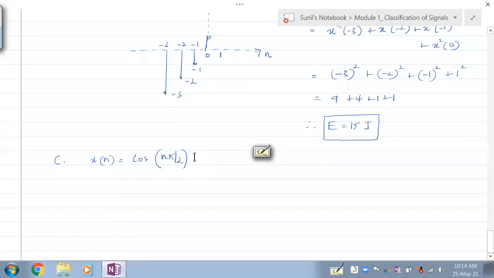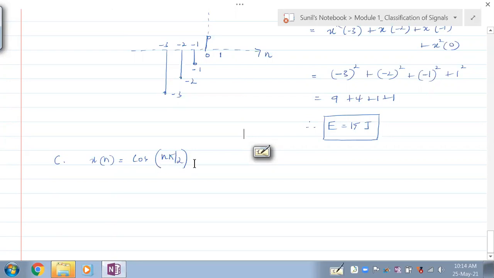If the range is not given, it means this is an infinite length signal, which ranges from minus infinity to plus infinity. For simplicity, let's take it from 0 to infinity, and whatever ranges from 0 to infinity, the same would be there on the other side of n, from 0 to minus infinity.